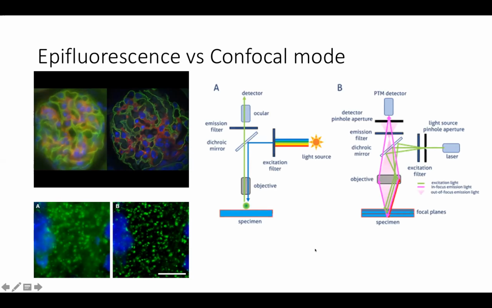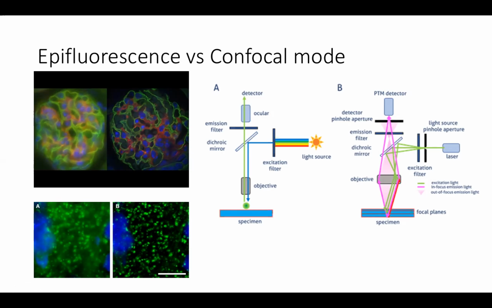In the case of epifluorescence, as you might recollect from what we did on Friday, you have a light source, you have a bunch of different filter sets, which change depending on the fluorescence that you want to acquire. Your light source has got broad wavelength in it.